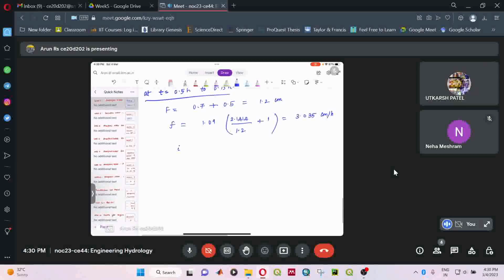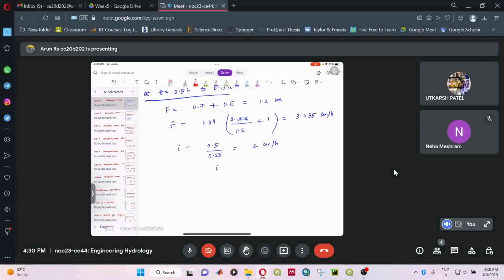And again we can compute the rainfall intensity. That is 0.5 divided by 0.25, that is 2 centimeters per hour.